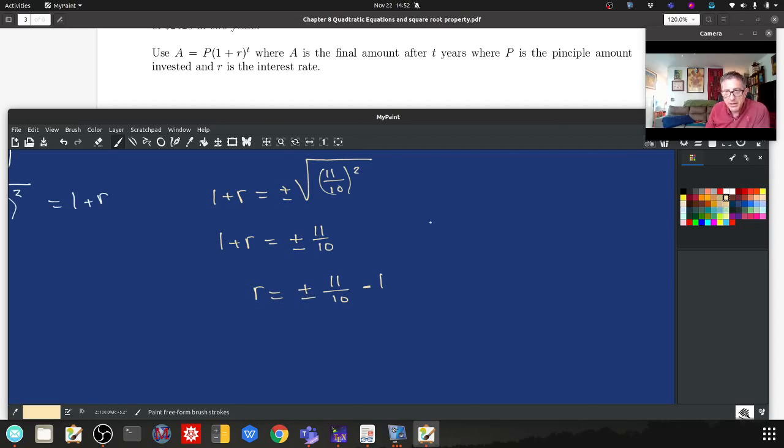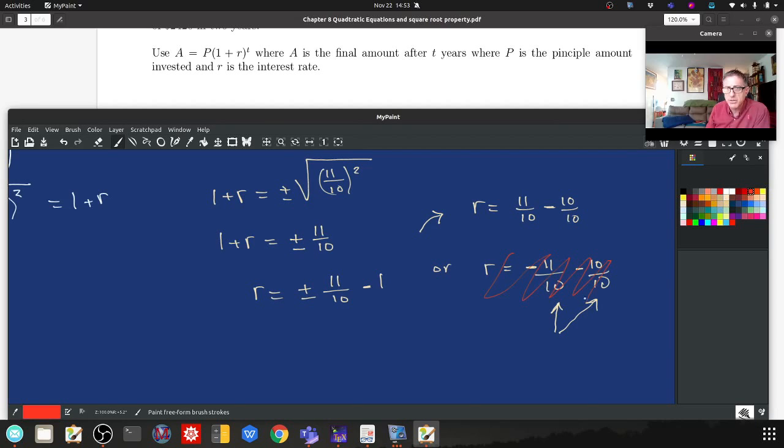This gives us two answers. R is equal to 11 tenths minus 1, which I'm going to write as minus 10 tenths, or R is equal to minus 11 tenths minus 10 over 10. And clearly this is a negative, and I'm subtracting another negative. So this particular expression right here is going to be negative. So I'm not going to worry about it.